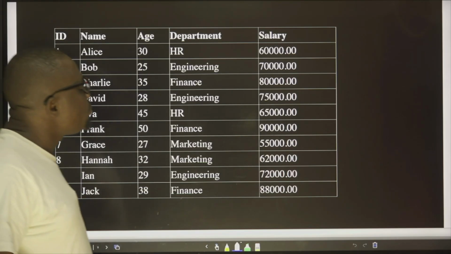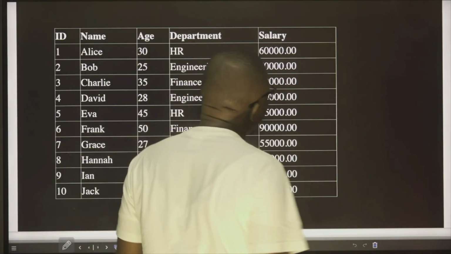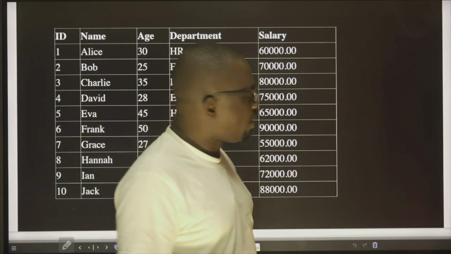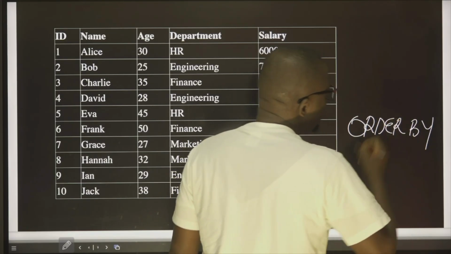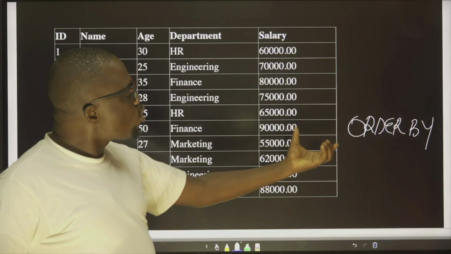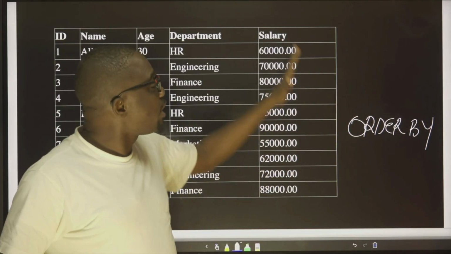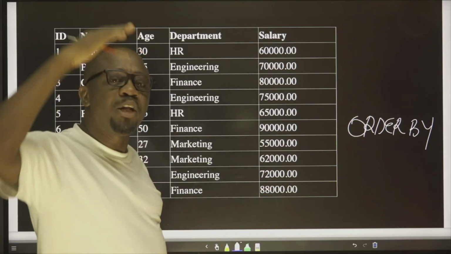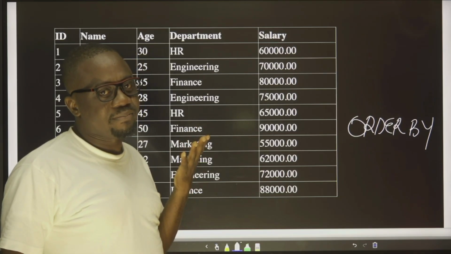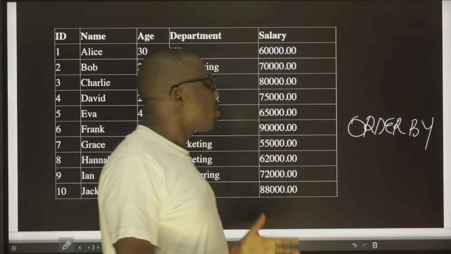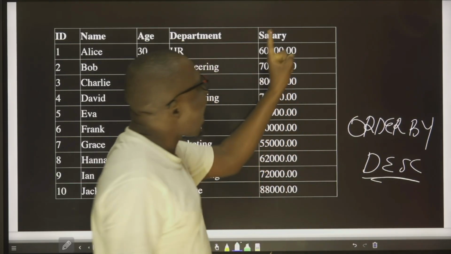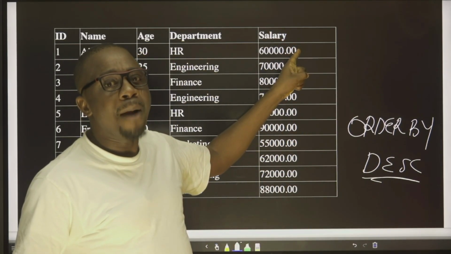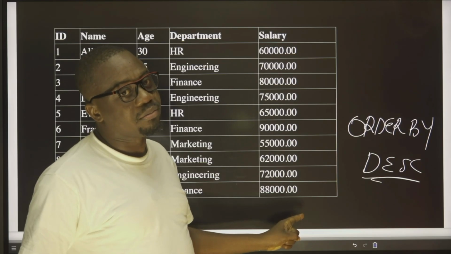All you have to do is order the salary using order by. When you use order by, automatically it will use ascending, from the lowest to the highest. If you use descending, it will put the highest here and the lowest at the bottom.